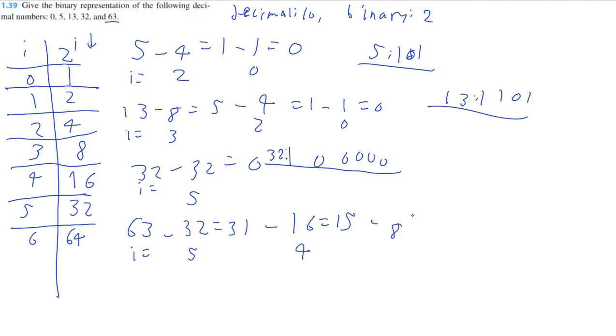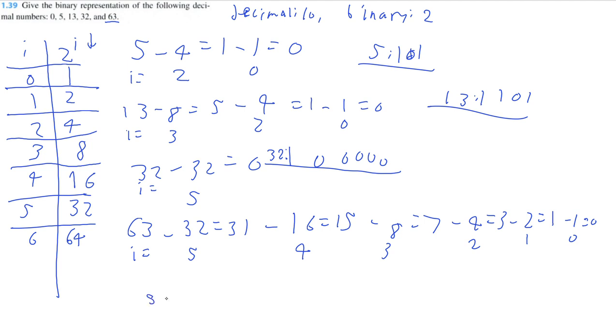The next biggest number is 8, which gives us 7. And I equals 3. Next biggest number is 4. It equals 3. And I will be 2. Next biggest number is 2. That equals 1. And I will be 1. And lastly, we subtract 1. And I equals 0. So again, the biggest value of I will be 5.